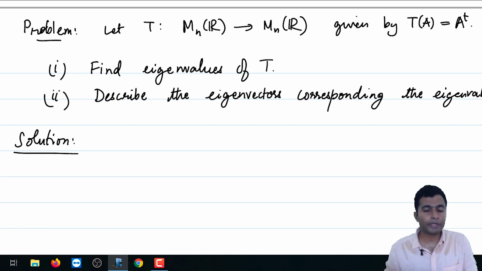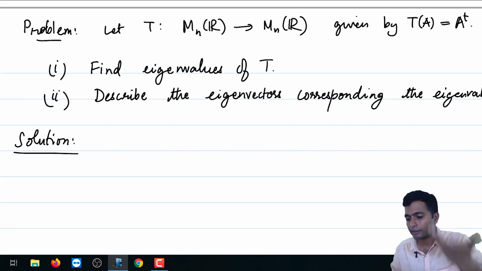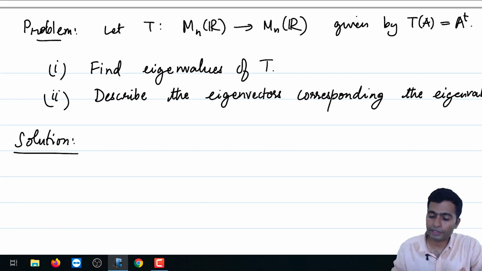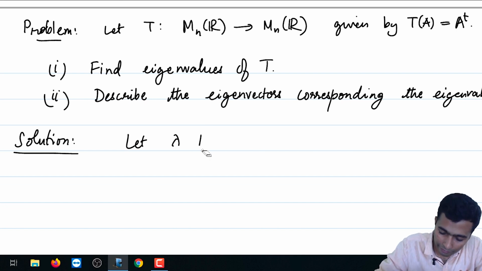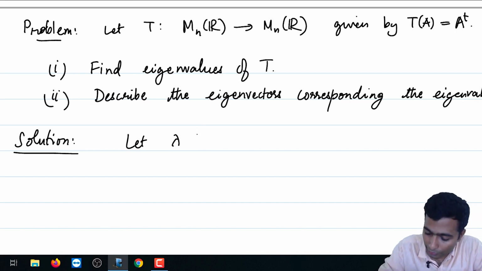So what is the map T doing? The map T is taking a matrix and sending it to its transpose. So we have to find the eigenvalues of T. Let lambda be an eigenvalue. We don't know yet whether it has an eigenvalue or not. Let lambda be an eigenvalue.